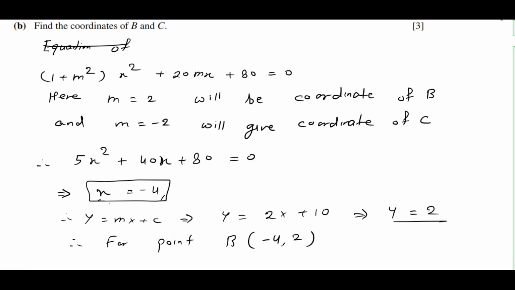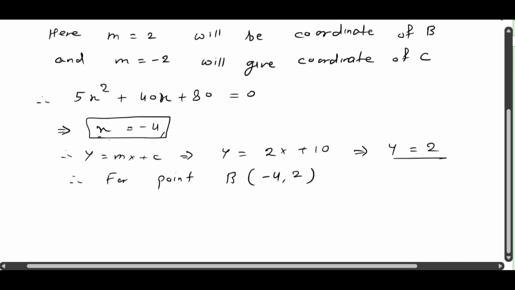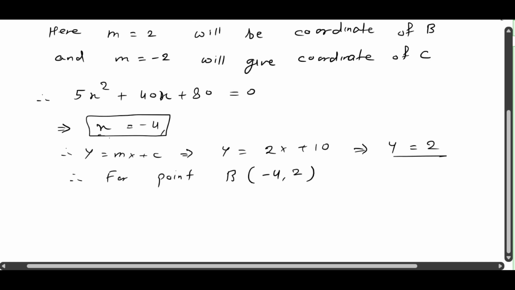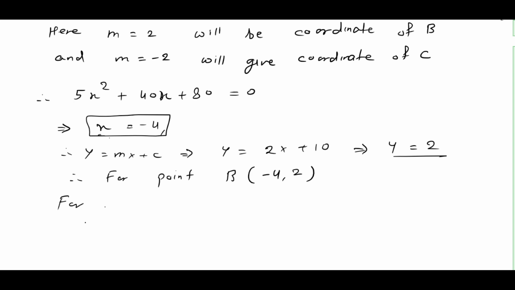Okay, now I will substitute m as −2. So therefore also for point C, we have 5x² − 40x + 80 = 0. This will give me the value of x.